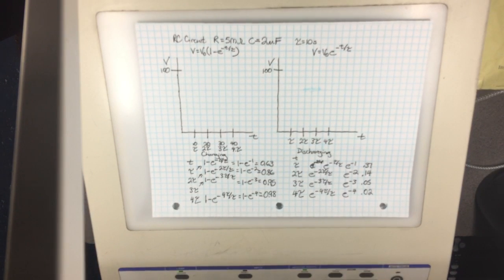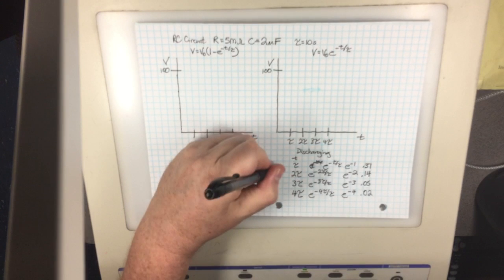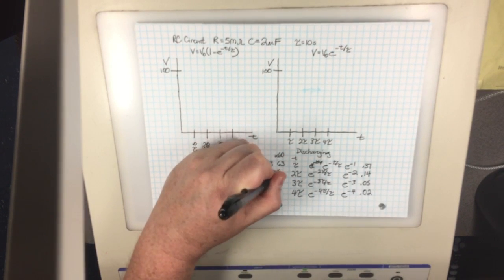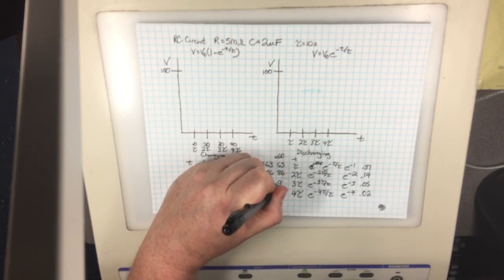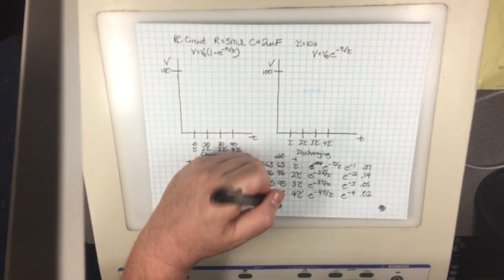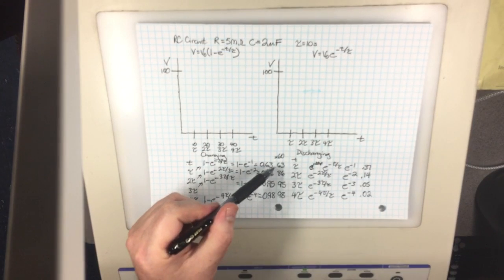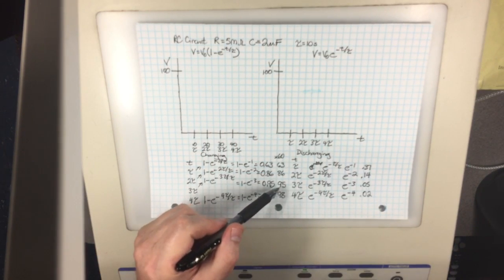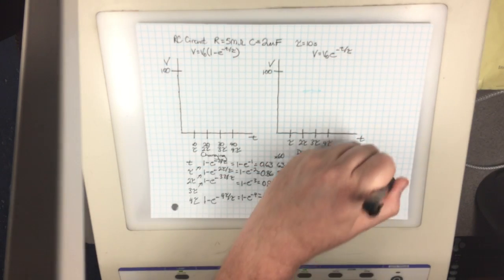So all I did was I found what e to the negative 1, e to the negative 2, e to the negative 3 were. 4 minutes will be done in 2. So multiply by 100, I get 63, 86, 95, 98. At 10 seconds, the voltage is 63, 20 seconds is 86, 30 seconds is 95, 40 seconds is 98.